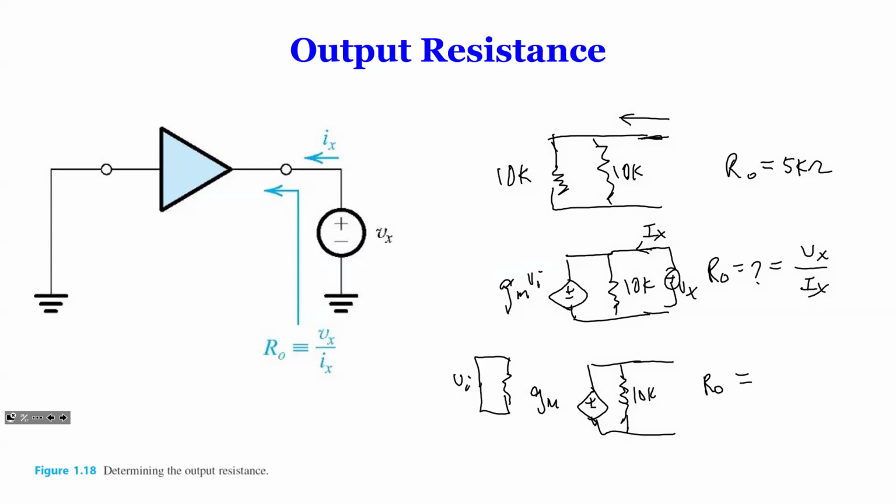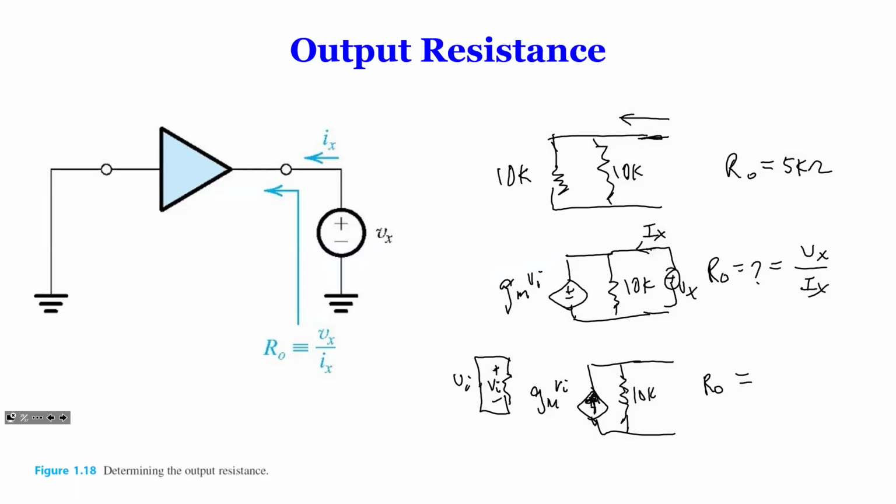So this is GM times VI, and this is like a, okay, can you see? So this is GM times VI, yes, it's controlled. No, actually, I did it wrong, so we cannot do that. Well, we can still do it.